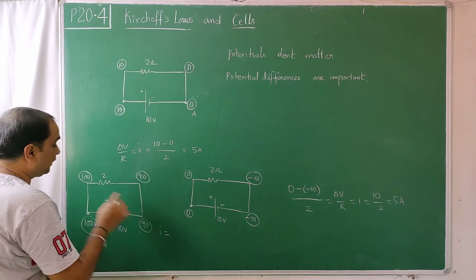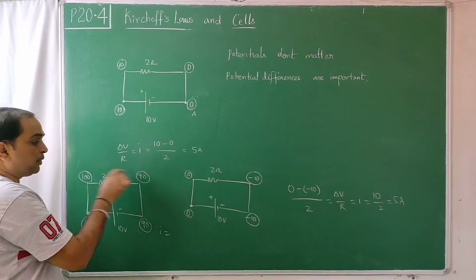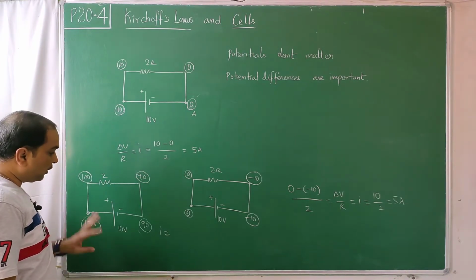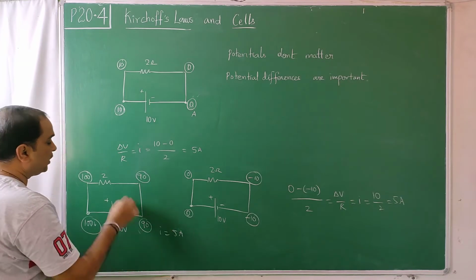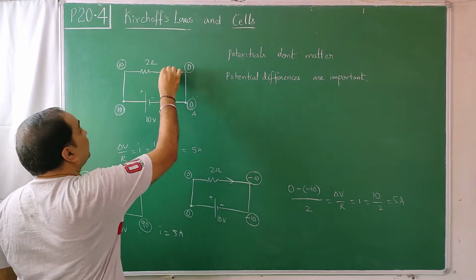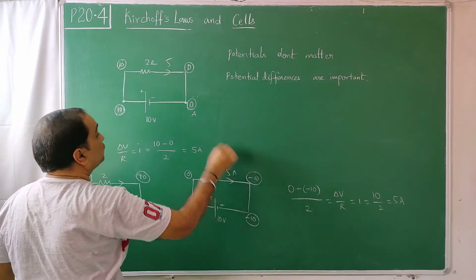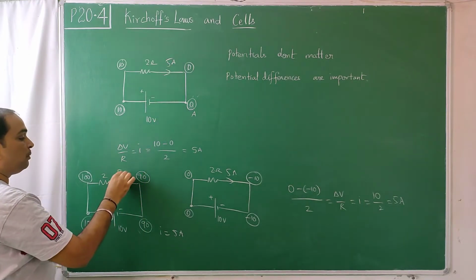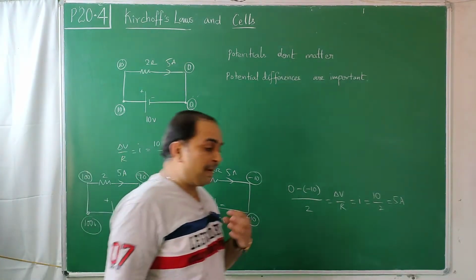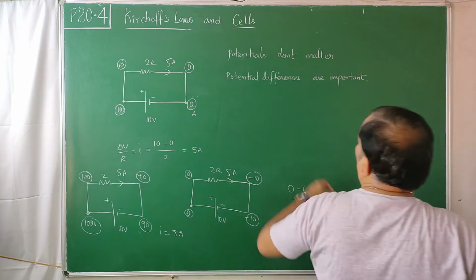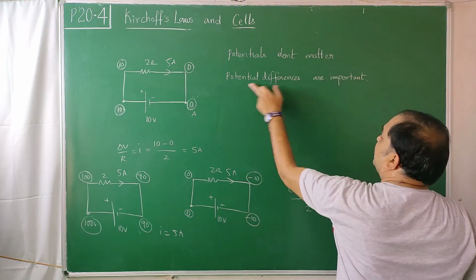I is equal to delta V, 100 minus 90; this is higher potential, this is lower potential. So automatically we will get 5 amps. In all the cases the current comes like this only, and in all the cases it is 5 amperes. So this problem conceptually reveals one basic idea: potential does not matter, potential differences matter.